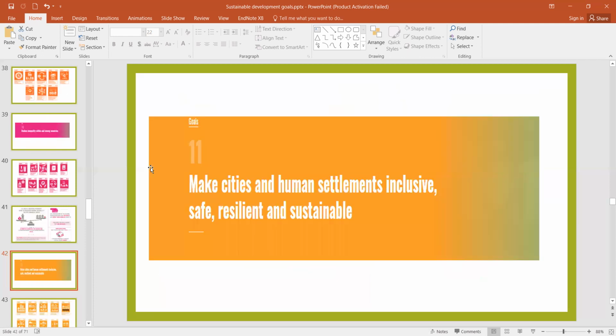SDG number 11: make cities and human settlements inclusive, safe, resilient, and sustainable.